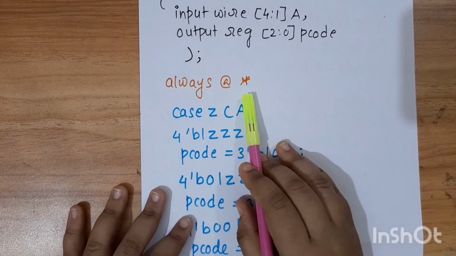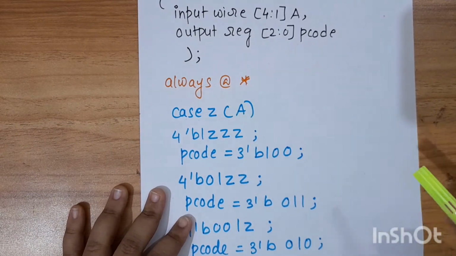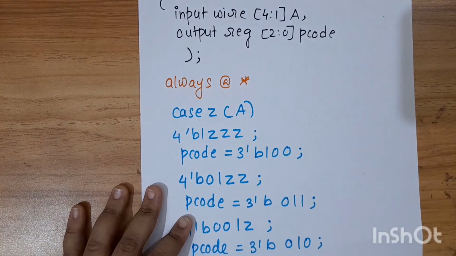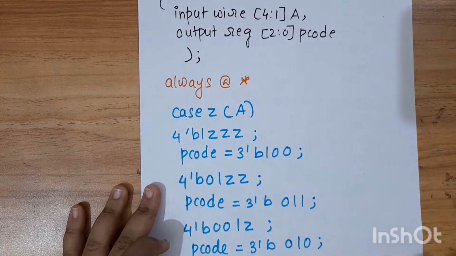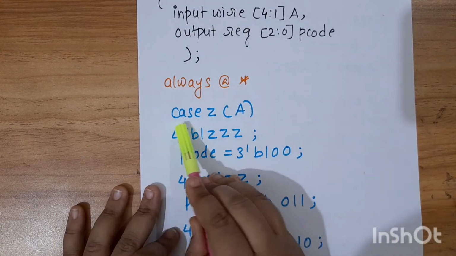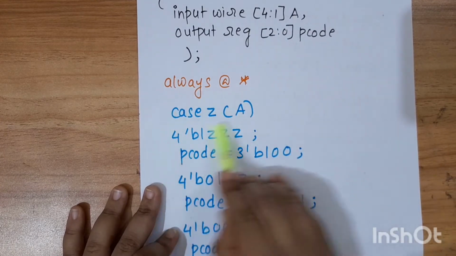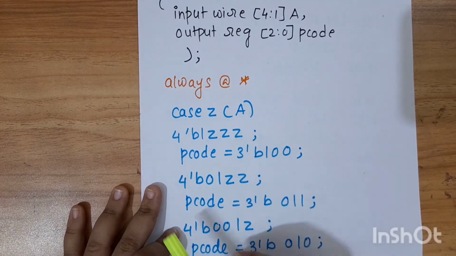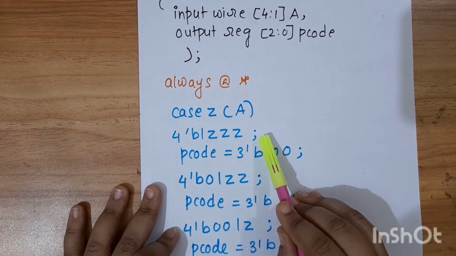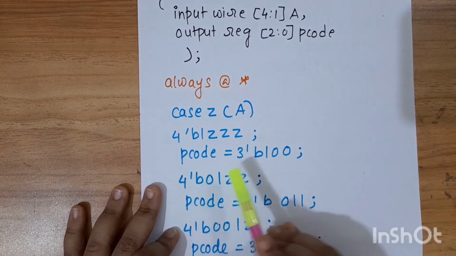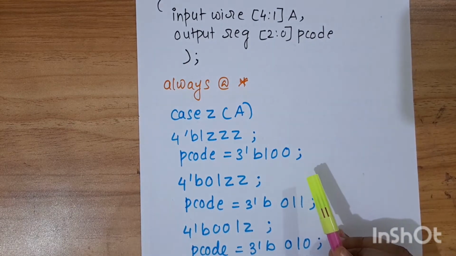Always @(*) means whenever there is a change in the value of the expression A, we will go inside the always block. I will come across the casez A statement. Now, if A is 4'b1ZZZ, Pcode is 3'b100.